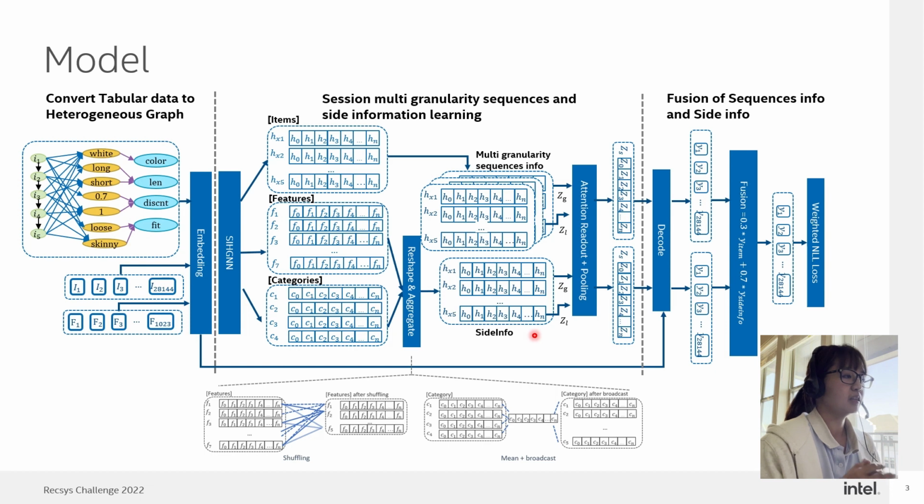Here you can think there is a problem, because the number of feature nodes is 7, but the item is only 5. So how can we aggregate these two pieces of information together? This is how we do different types of reshape to the original embedding table. For feature, we do shuffling, which means when white belongs to item 1, item 2, and item 5, we just add feature 1 to item 1, item 2, and item 5.